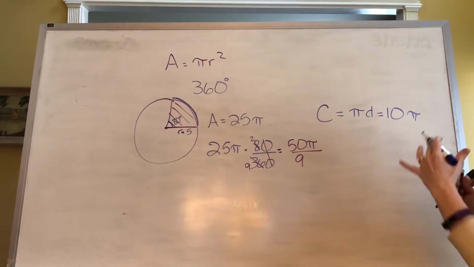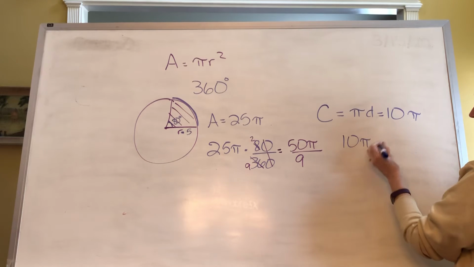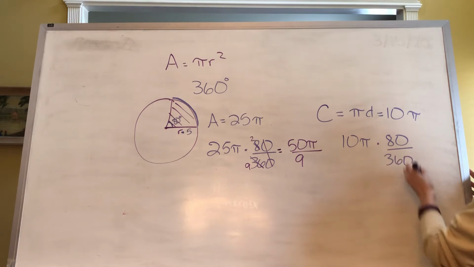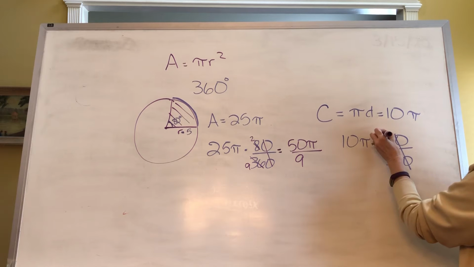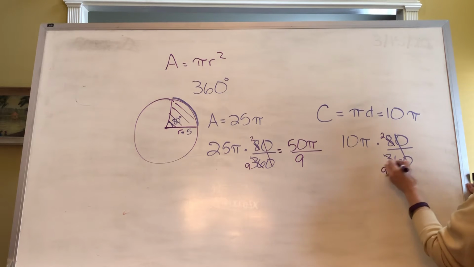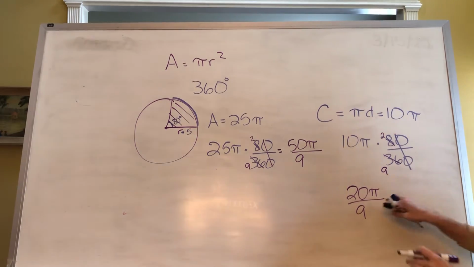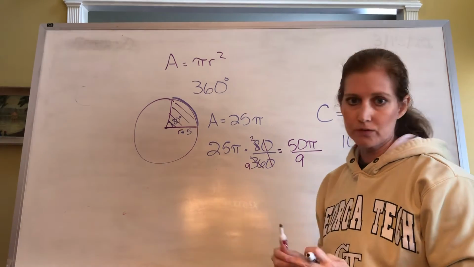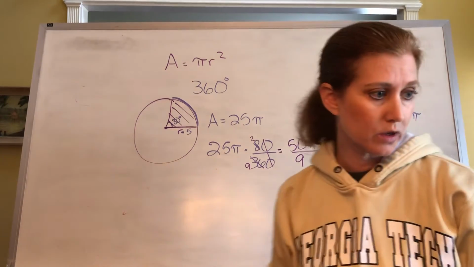And then we want to take that ratio portion, so 10 pi times 80 over 360. Again, those will cancel out. I can reduce this. And so my answer here is going to be 20 pi over 9. And that would be the arc length of that circle. All right, that is lesson 104.